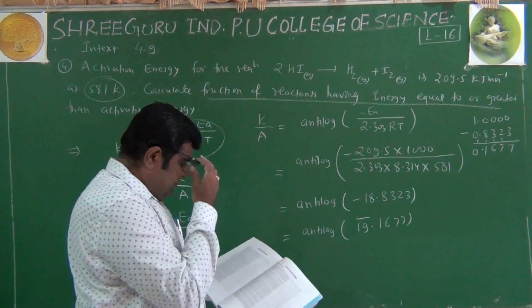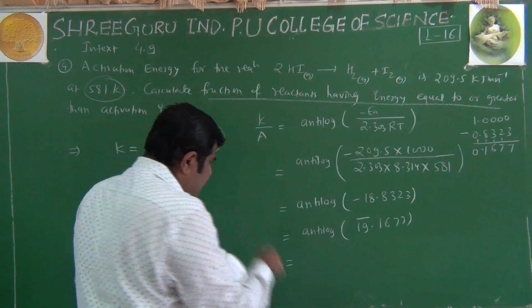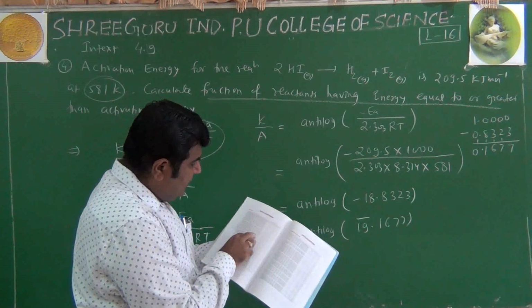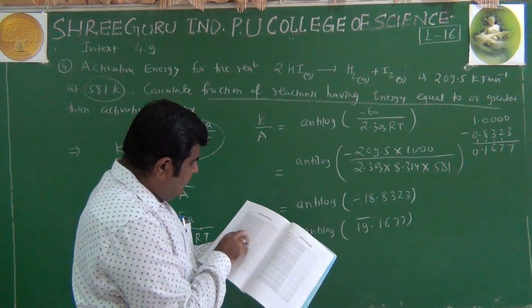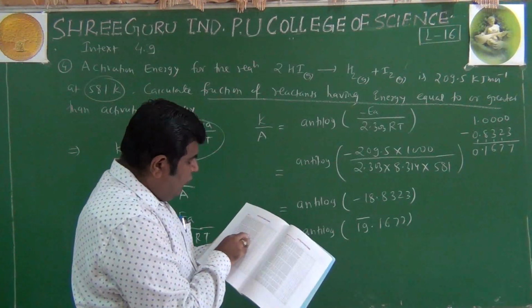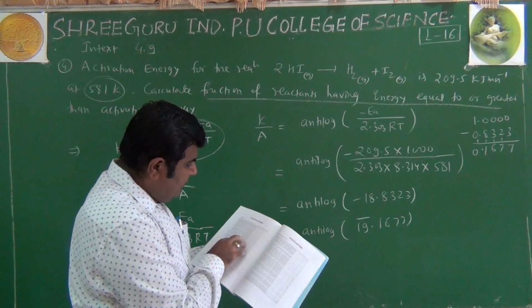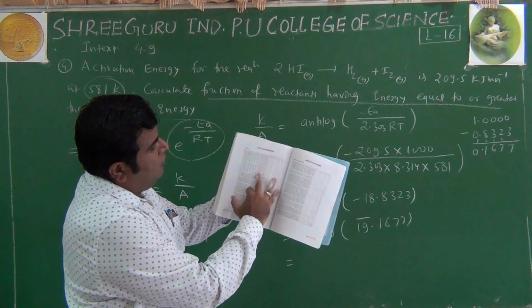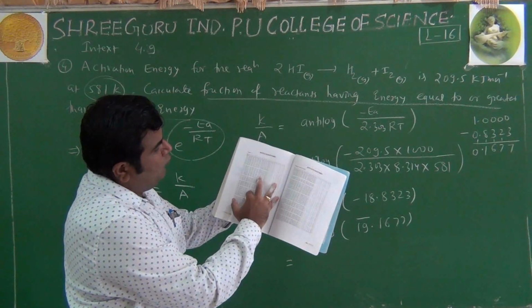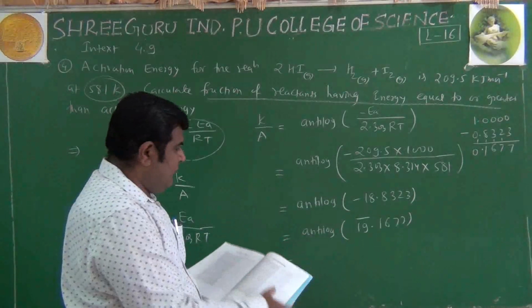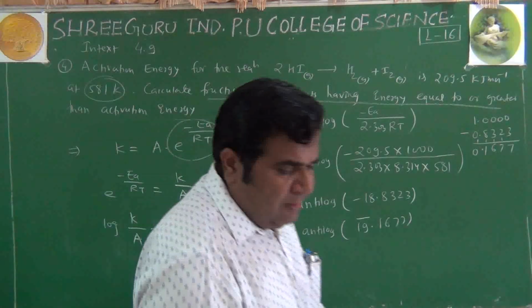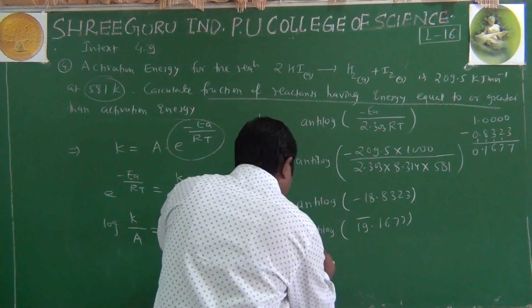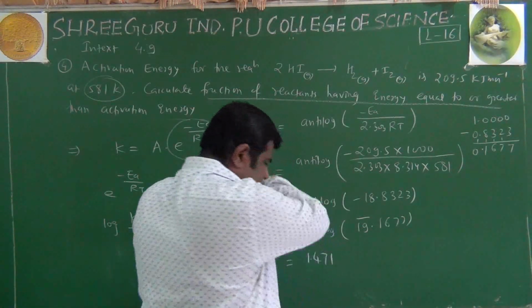We are looking at 0.16, and 0.167 is 1469, and for the mean difference of 7, I have to add 2. 1469 plus 2 is 1471. So I will write here 1471.